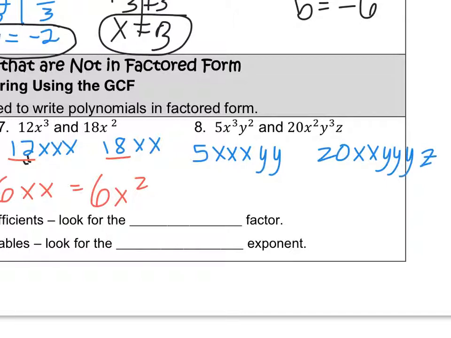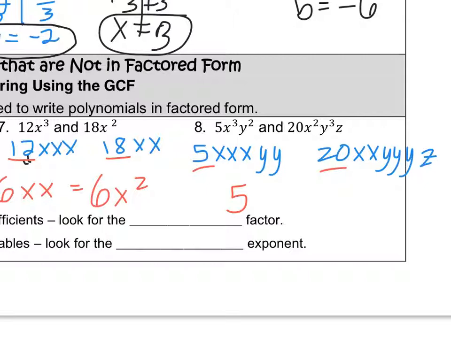Okay, so we're going to again start with our numbers, 5 and 20, and see what's in common in both of them. Well, as a hint, I always start with whichever number is smaller and see if that goes into both of them. And in this case, the 5, which is smaller, does divide evenly into 20. So 5 is my coefficient.